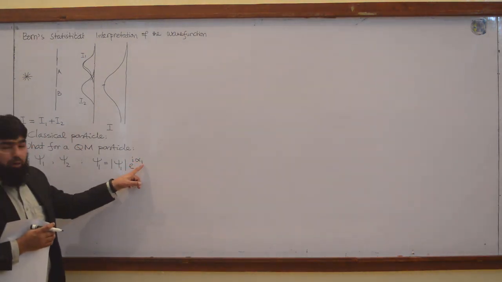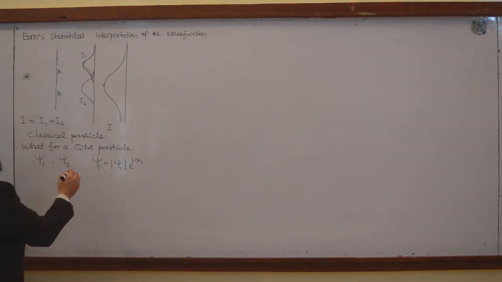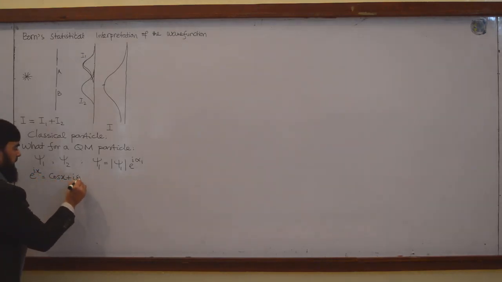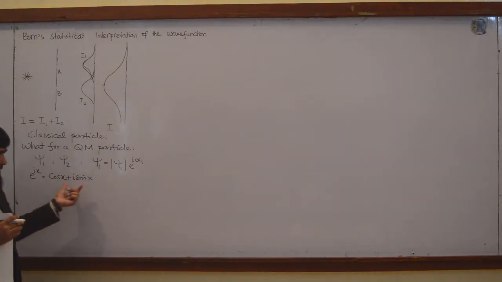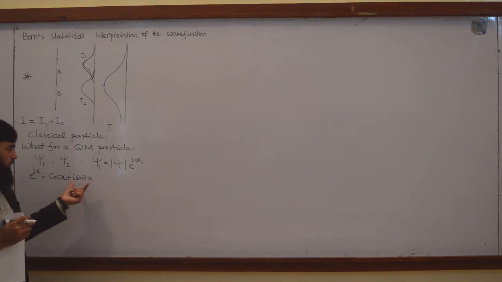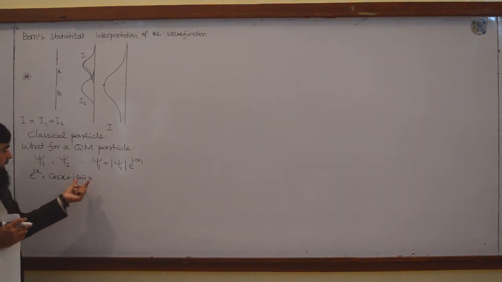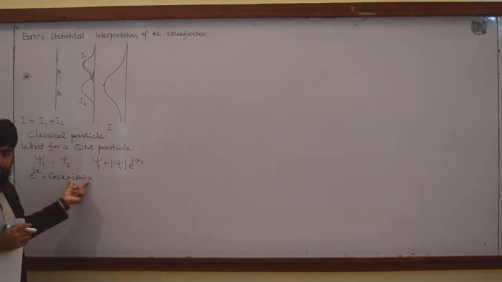What is e to the power i? You know the Euler relation: e to the power ix is equal to cos x plus i sin x. These are the oscillatory functions. Cos x is the real component and i sin x is the imaginary component. Sin x itself is real, but when i is multiplied with it, it becomes imaginary.